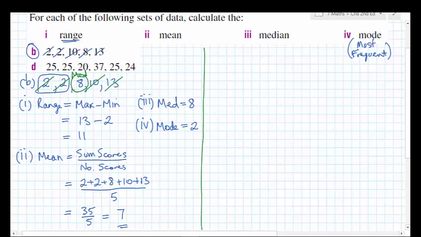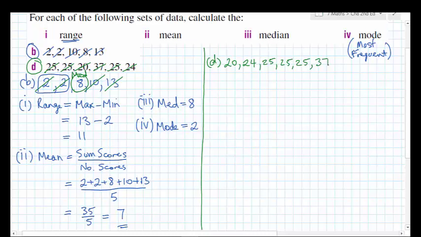Now let's have a look at D. With D, like with anything, I need to reorganize this data into lowest to highest. So let's reorder it. There's a 20 there, and I'm going to cross that out. Then 24 will be my next number, and then I'll have a 25, another 25, another 25, and a 37.